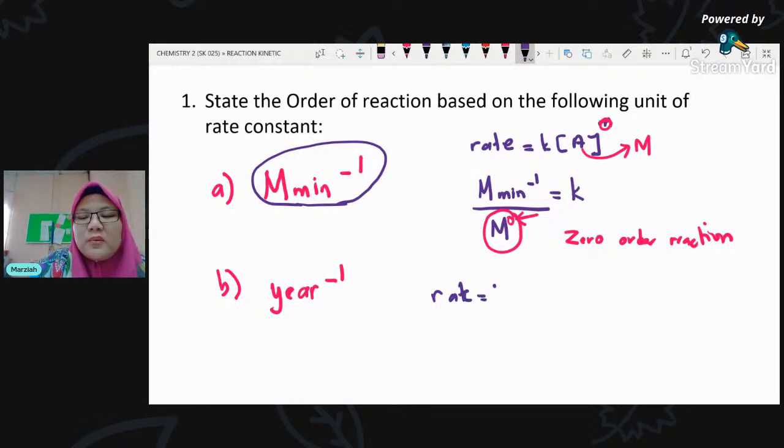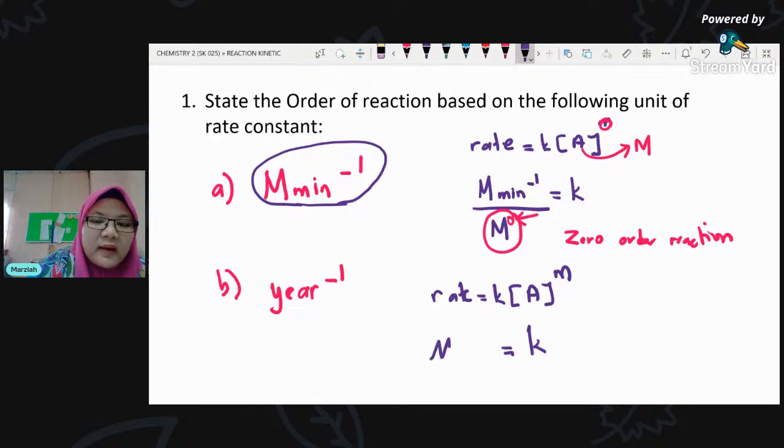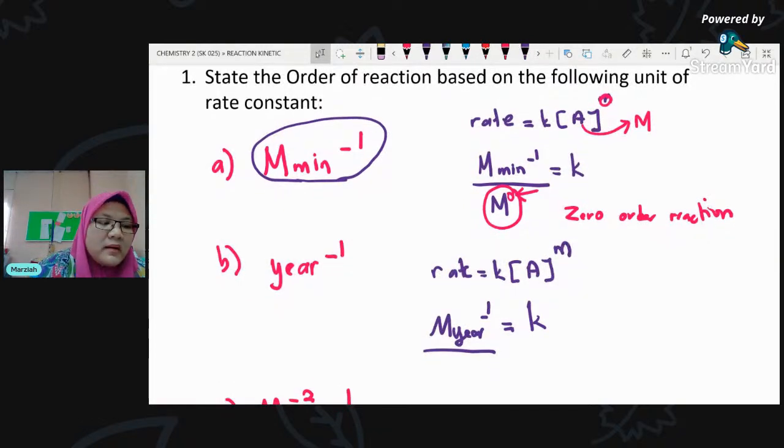Rate is equal to k concentration of A to the power of m, and what is the expected m so that we get per year only? Since it is per year only, it means that k is M^0 per year, that is, year^-1. For us to get per year, m is to the power of what?